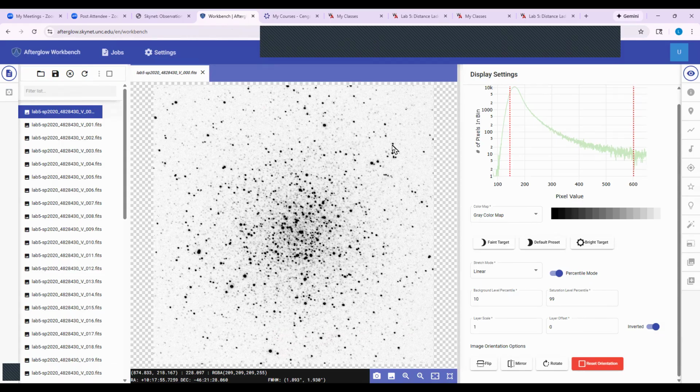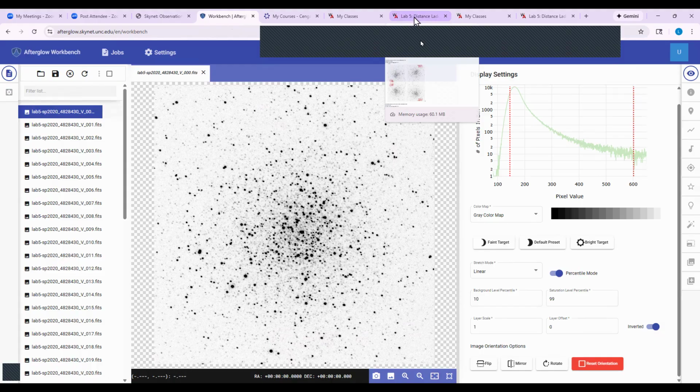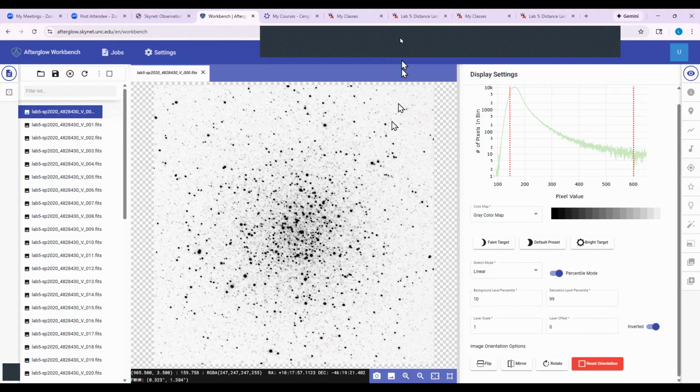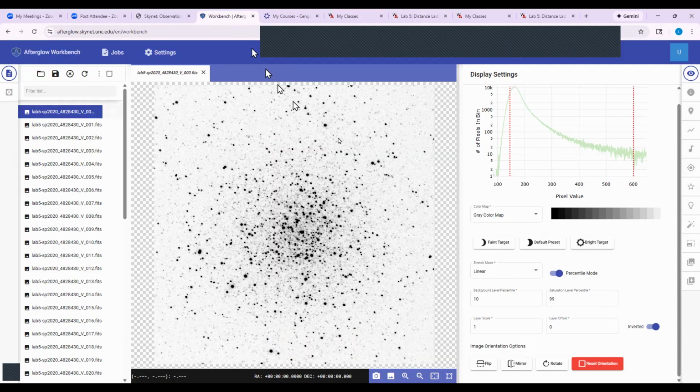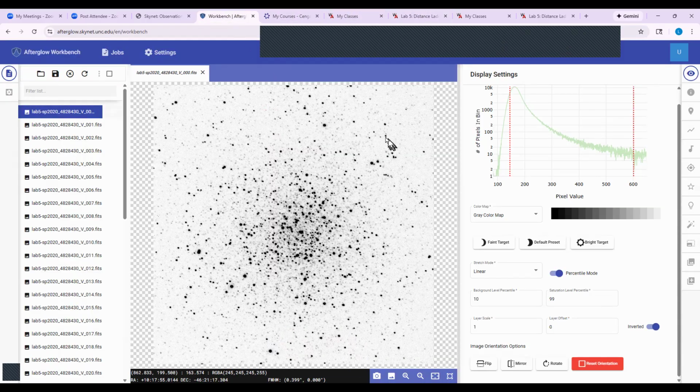Here, this is our RLary, this is a star between them, and this is the reference file. Do you see it? It is a little bit difficult to find, but this is our RLary, this is a star between them, and this is the reference file.